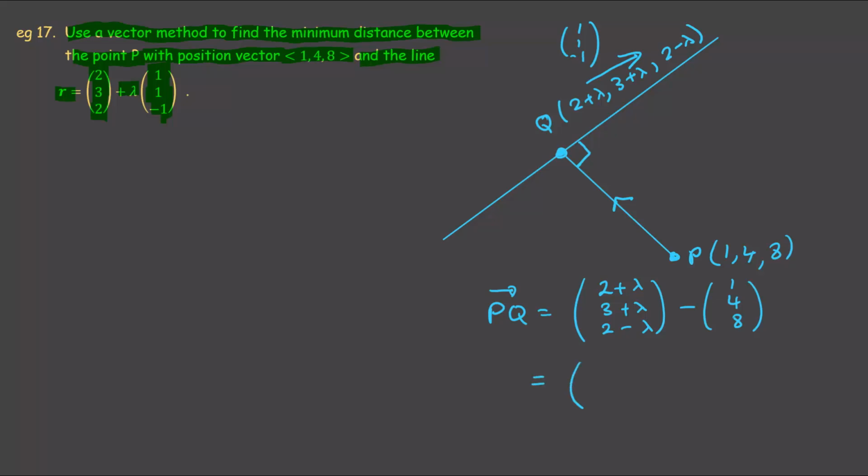And so that's going to be 1 plus lambda, negative 1 plus lambda, and negative 6 take lambda. So that's this vector here.